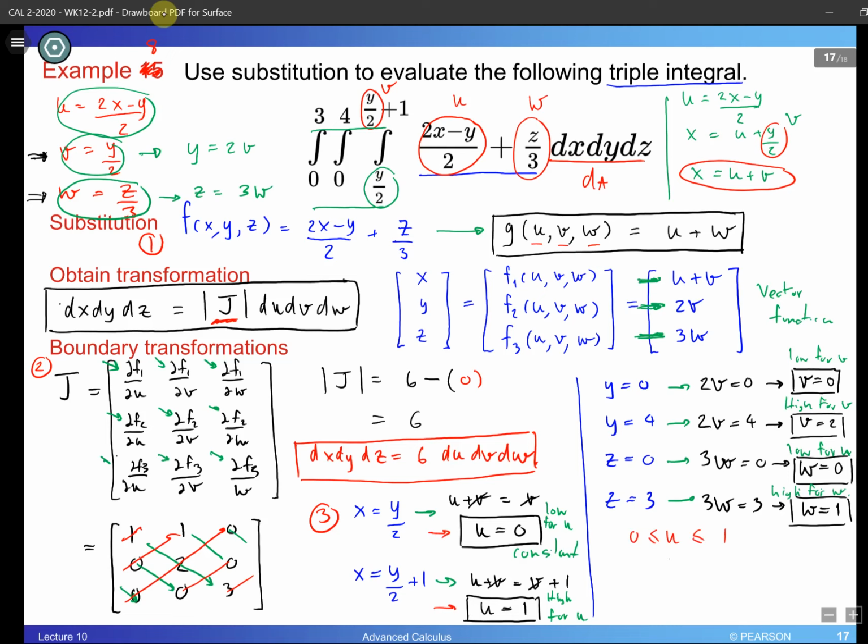Now for v, it's supposed to be in between 0 and 2 from here. And last one, w, to be in between 0 and 1. Okay, now we have got everything: simpler function, new differentials, and the new boundaries. Let's just solve the triple integral in terms of the new variables in the next slide.